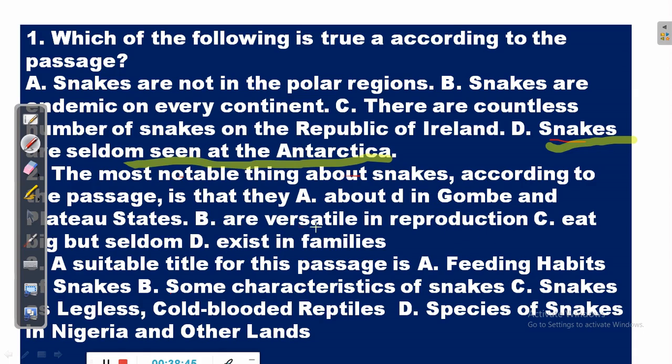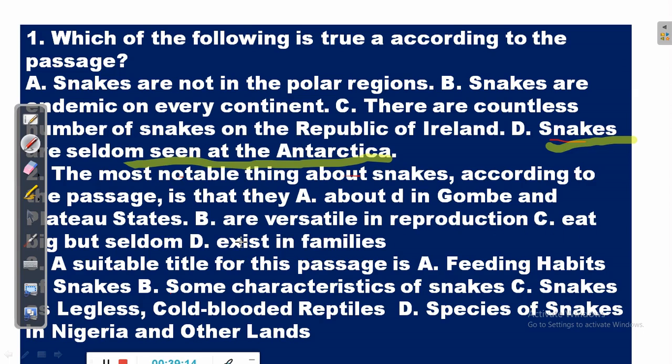Of course, we came across the word versatile in relation to snakes, but not in terms of reproduction. There's nothing there that shows us something about their reproduction, that they are versatile in reproduction. All right? Well, we may still have to look at this. Versatile in reproduction, how? All right, we shall find out.